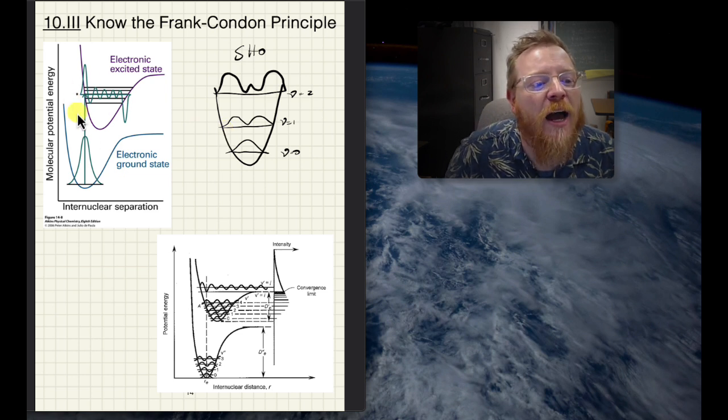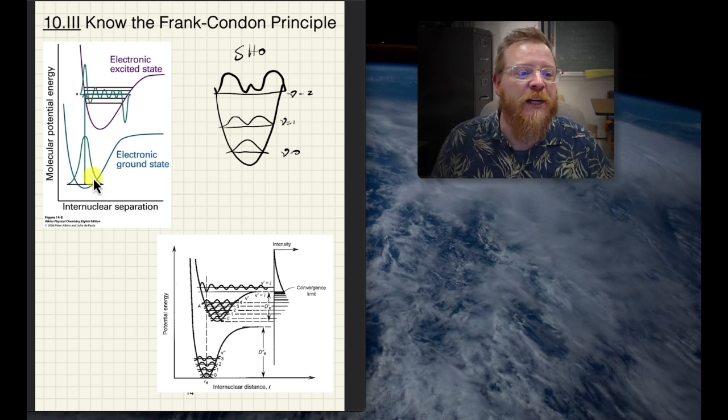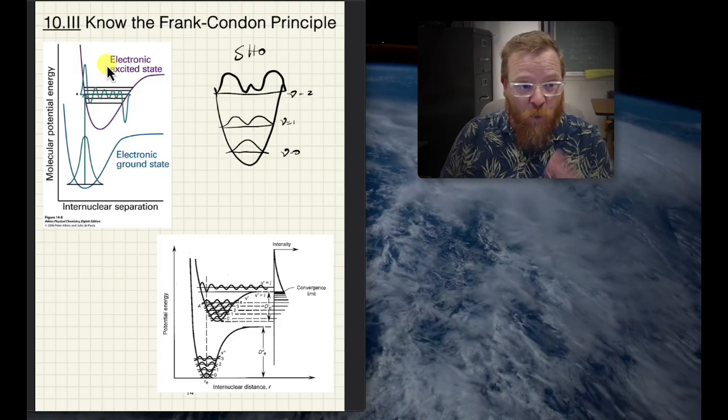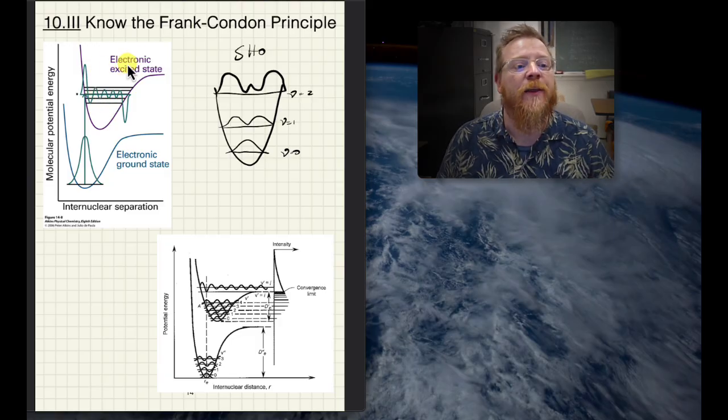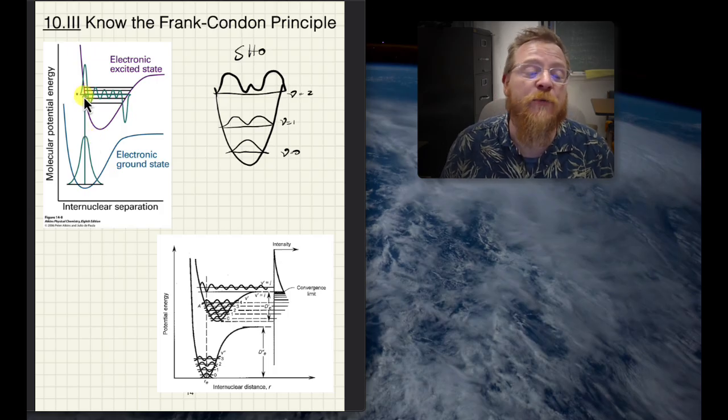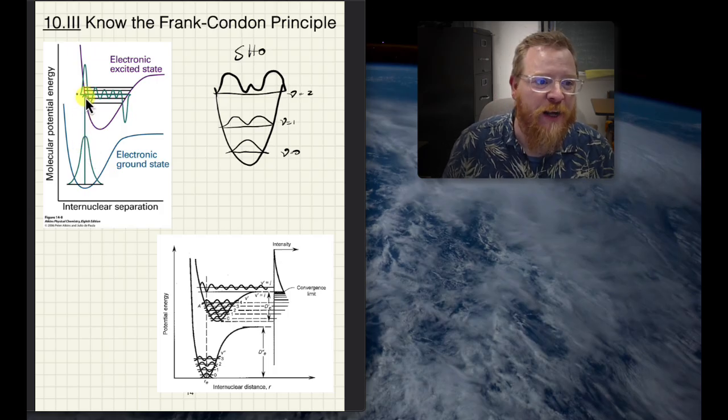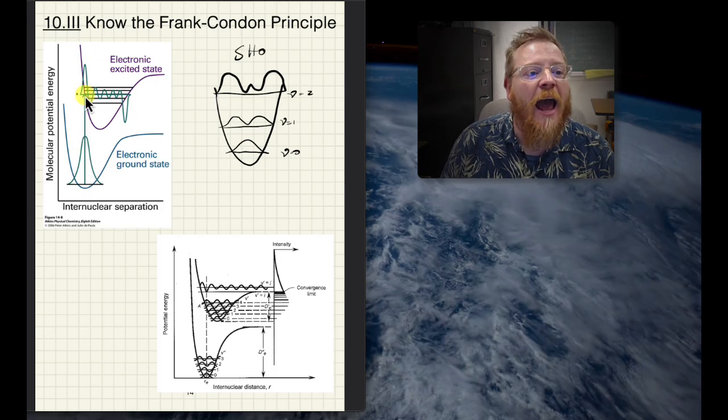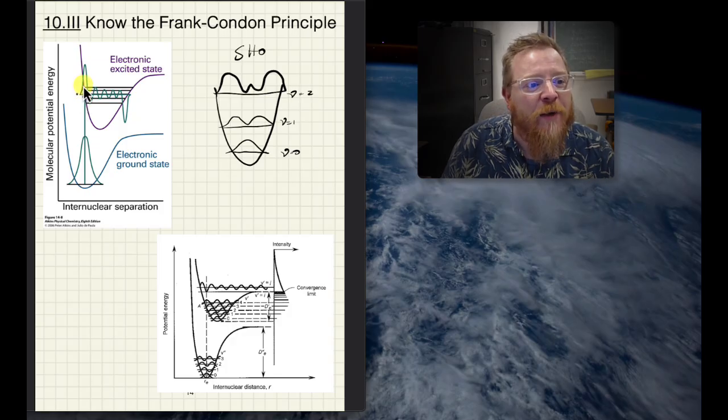So now, as we might imagine in this picture, depending on where we overlap in the electronic state and the ground state, we will hit that vibrational state that is directly underneath, because at the turning point, that wave function is really representative of the wave function in the ground state.